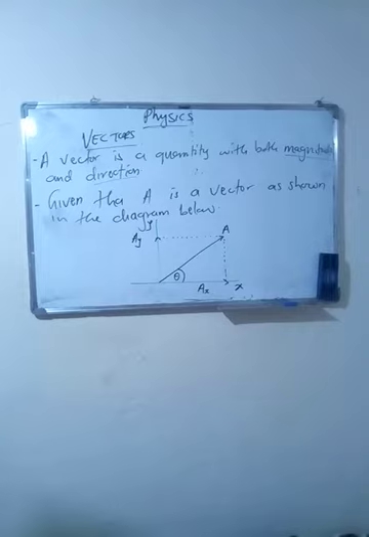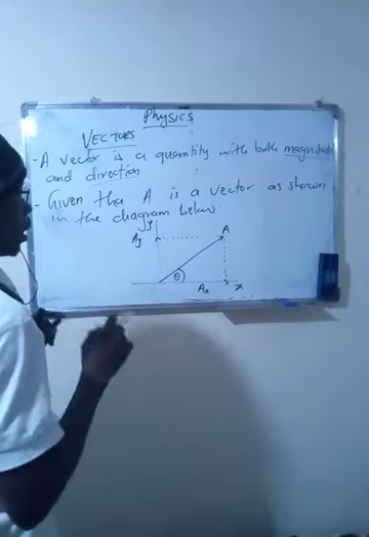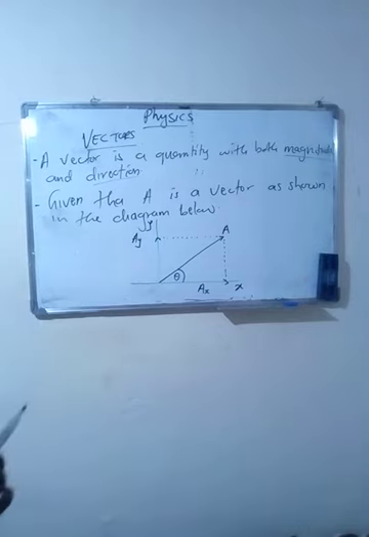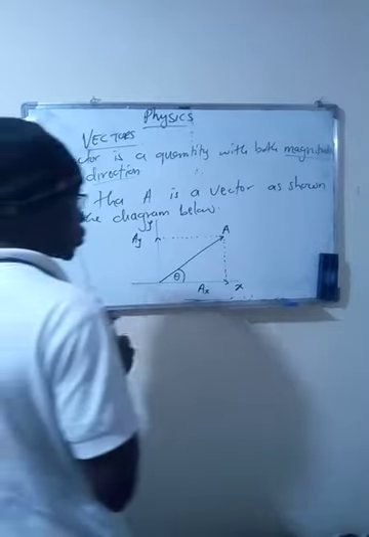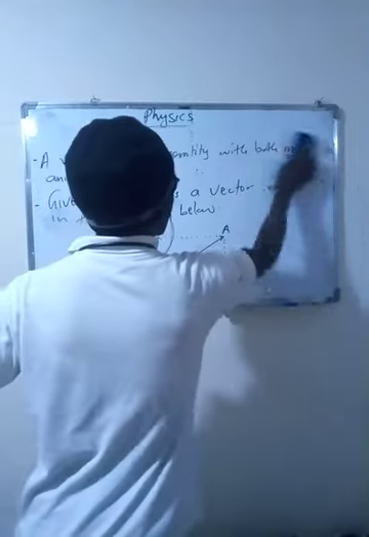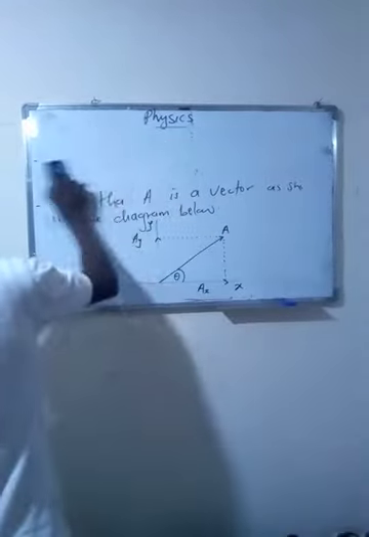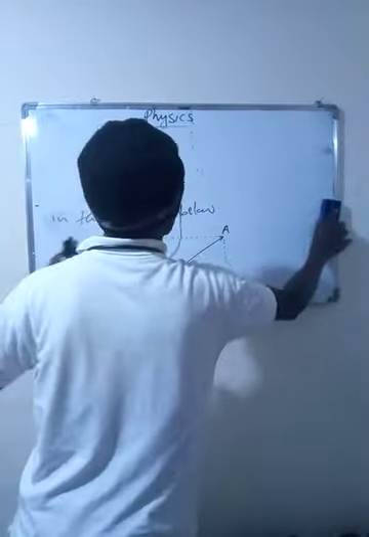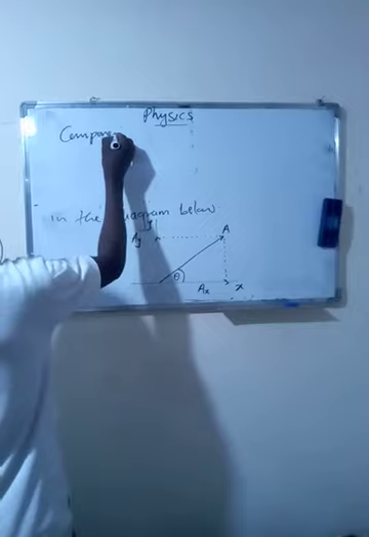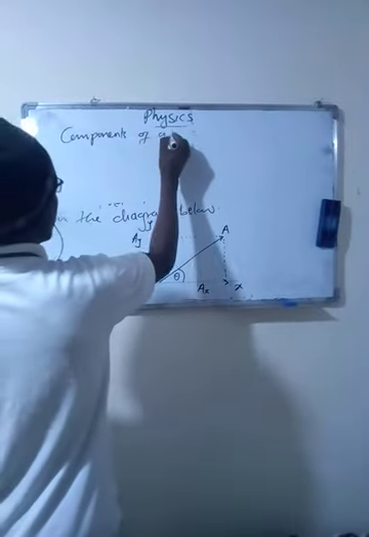Is that all right? So there are three things that we're going to look at as we look at the vector A. The first thing is the components of a vector.